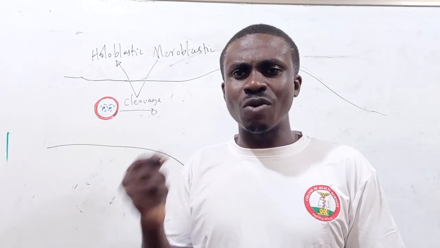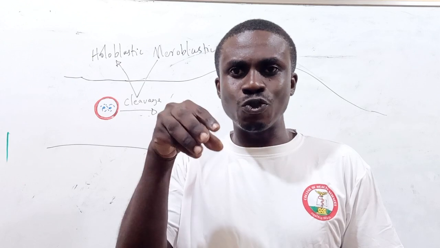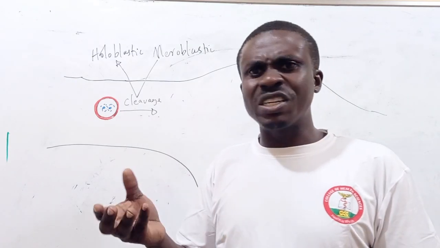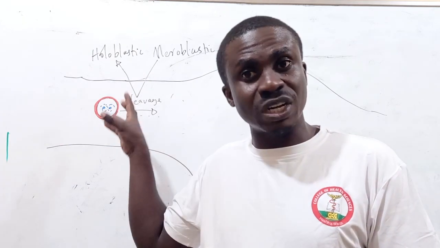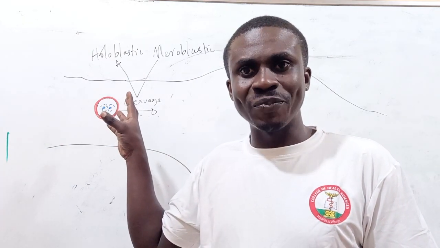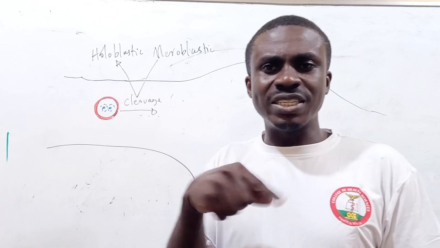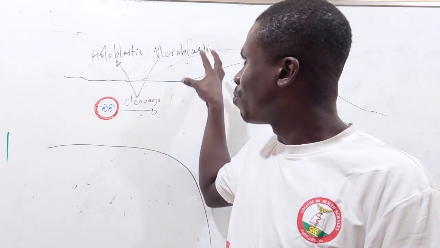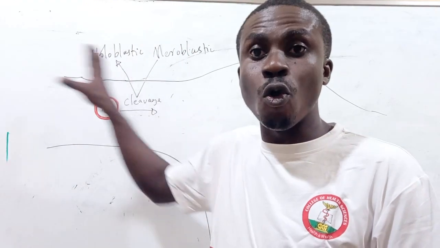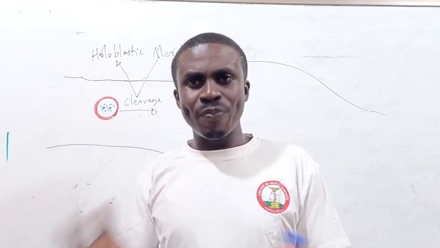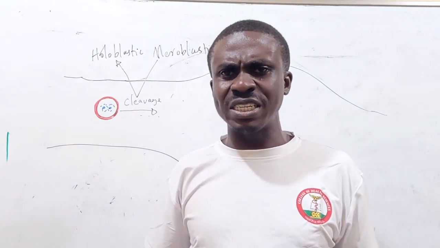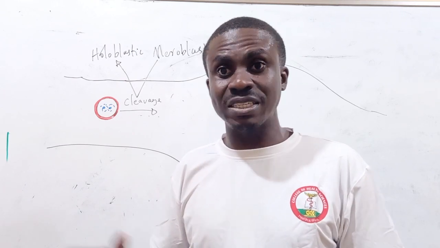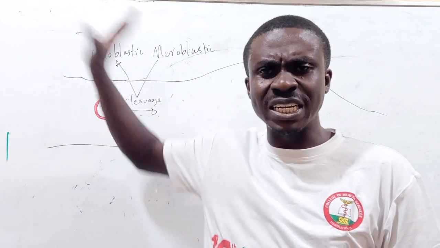In other words, the quantity of yolk, which can be a nutritive source for the fertilized egg, is the one which determines whether we are going to have meroblastic cleavage or holoblastic cleavage. Holoblastic cleavage, we see it in mammals, and in some amphibians also. Yes, that's what we see, holoblastic cleavage.